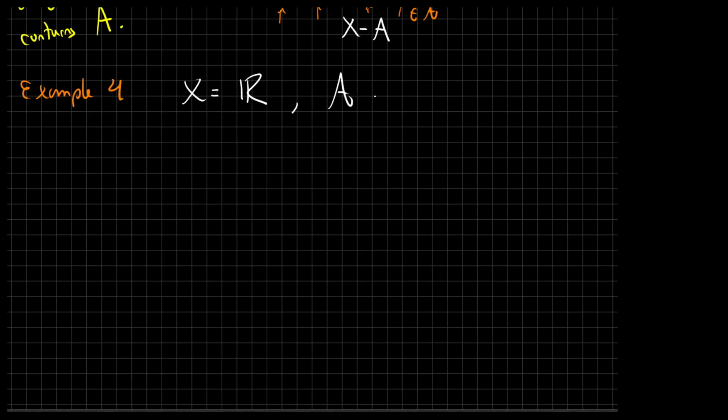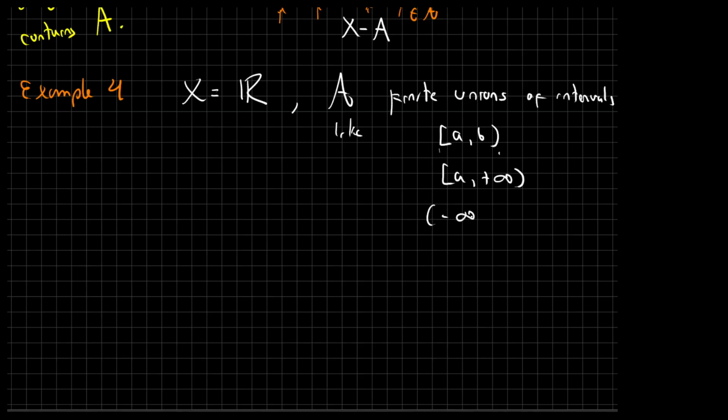Let's say it's a set of finite unions of intervals like this: open, close here and open here, and this, and like this. So you have a set that is finite unions of these intervals, of all of these combinations for every a and b.